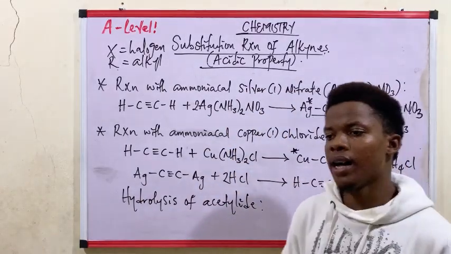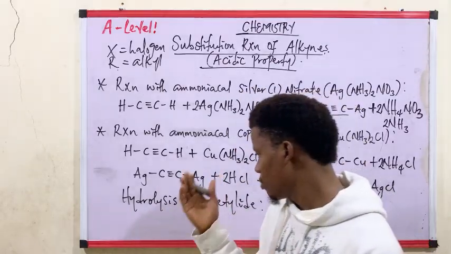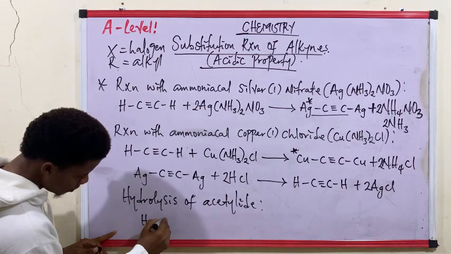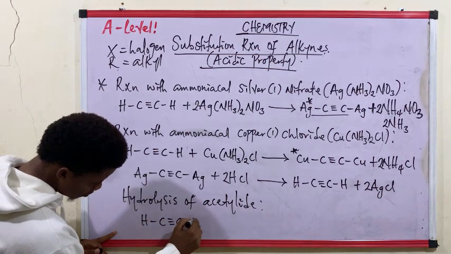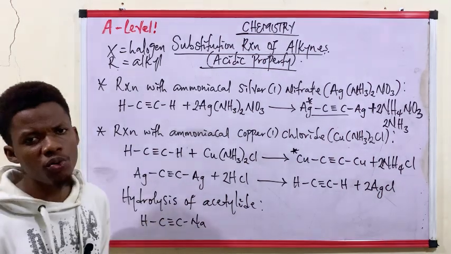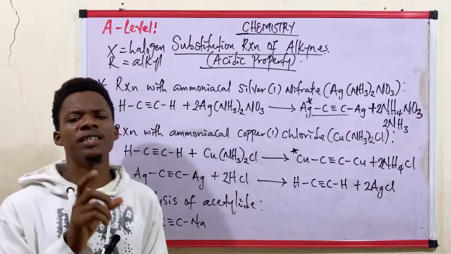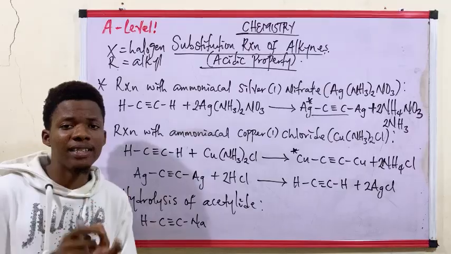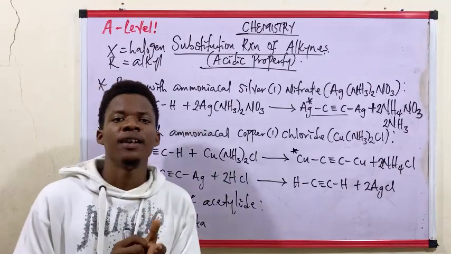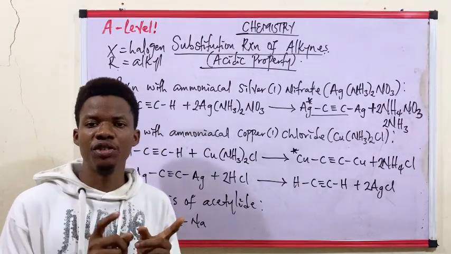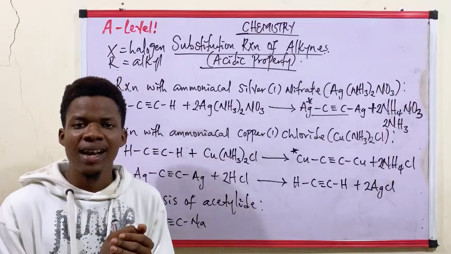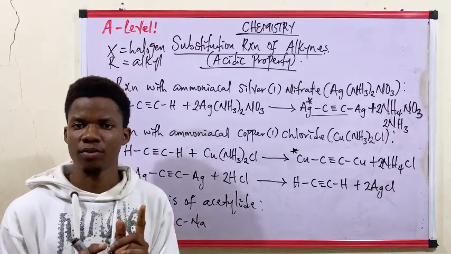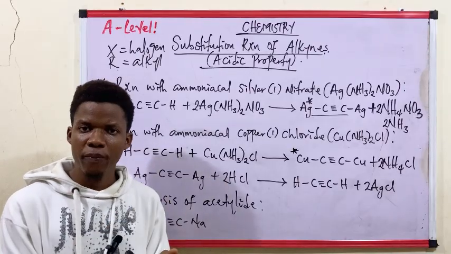Now for acetylide, we can use maybe the first one that we did before. We can use this guy. Remember, I told you about acetylide. What is the meaning of acetylide? Please, let's not forget. I repeat, let's not forget. Acetylide is when the acidic hydrogen in terminal alkynes has been replaced either by a group or by a metal. It could be an alkyl group.